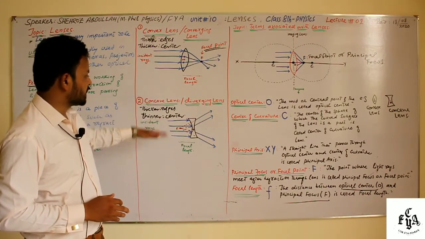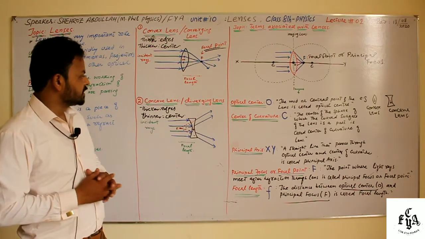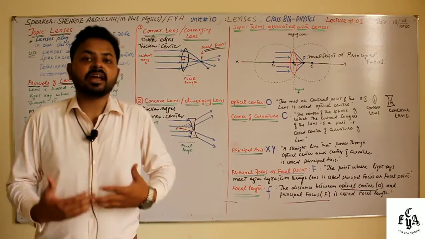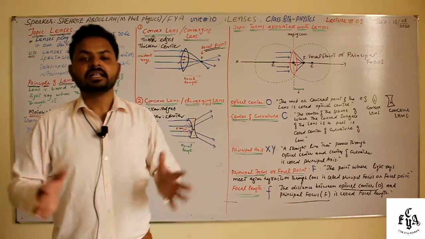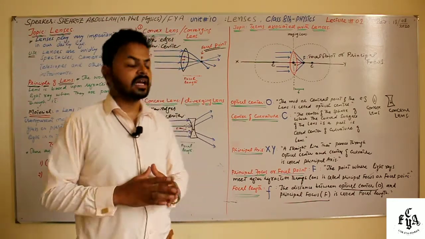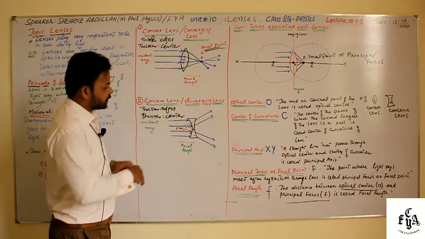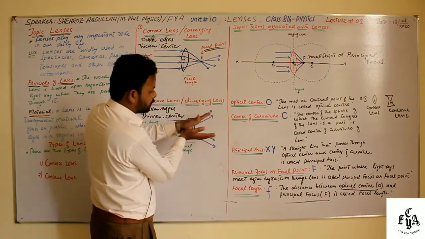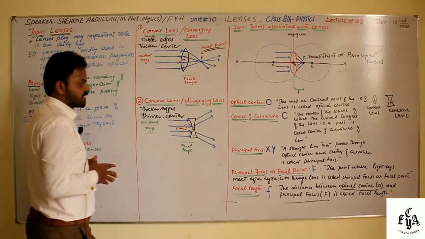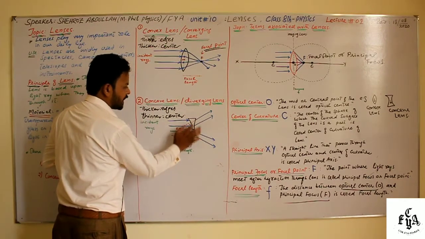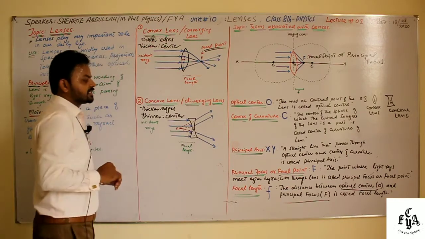Look, incident rays are falling here and they are moving in multiple directions, diverging. That is why they are called diverging lenses.